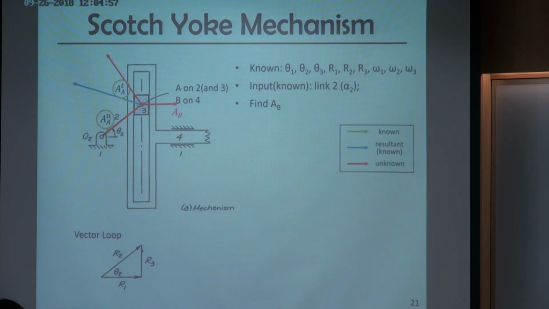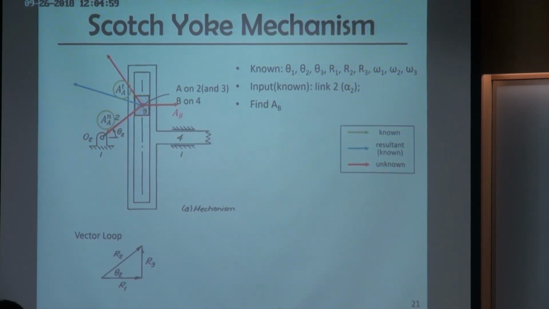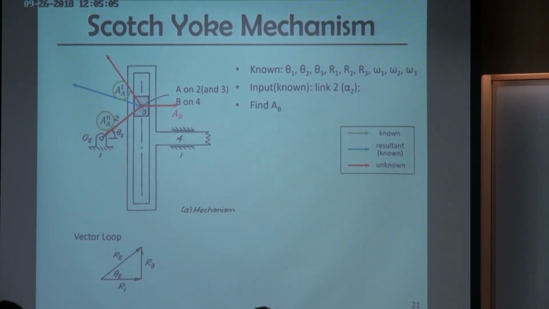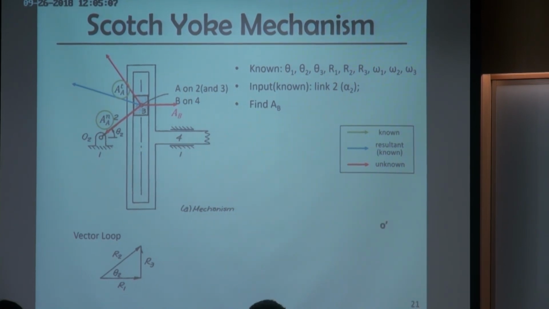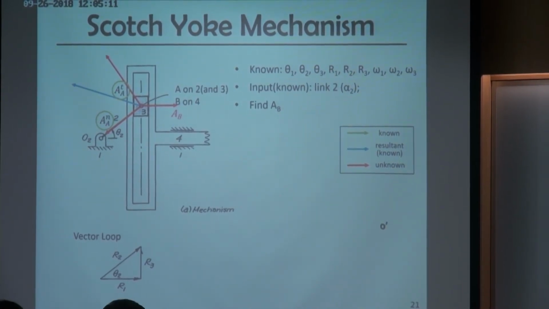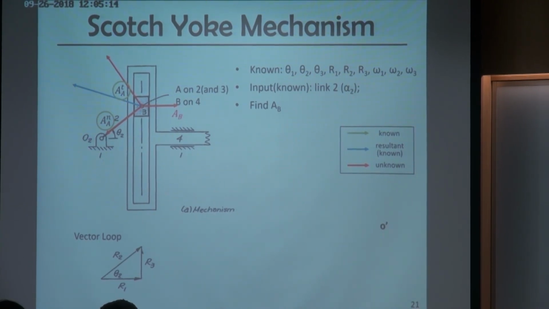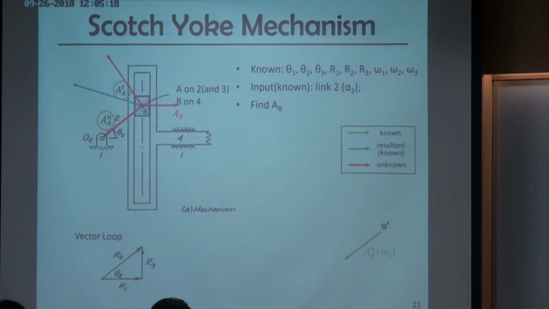So once we finish the velocity analysis, we can obtain those velocity values. Then we can move to the acceleration analysis. For acceleration analysis, it's similar to the previous acceleration example.